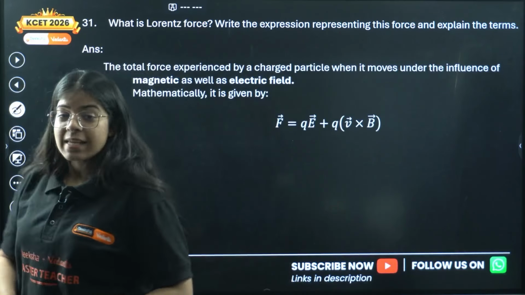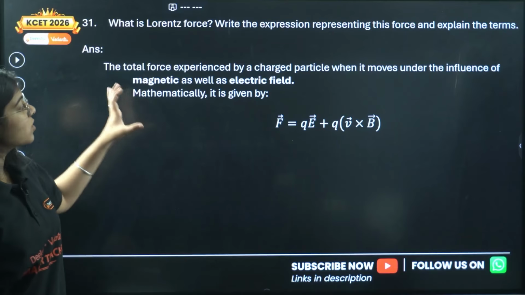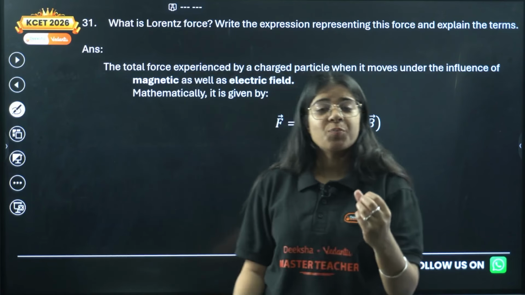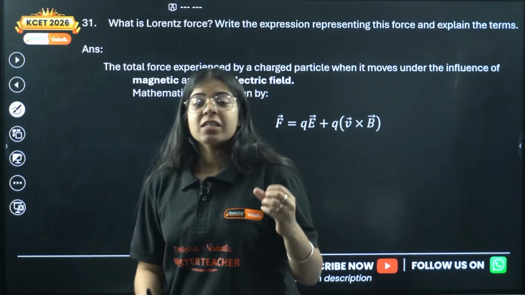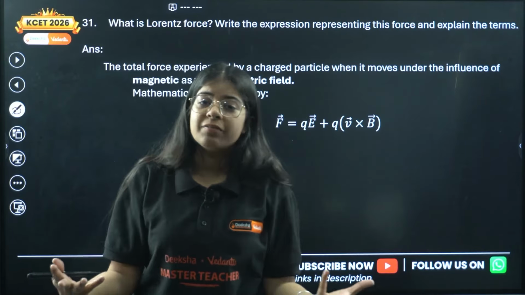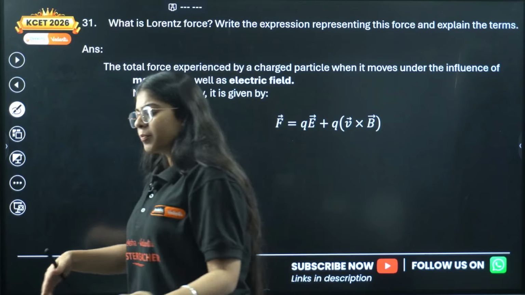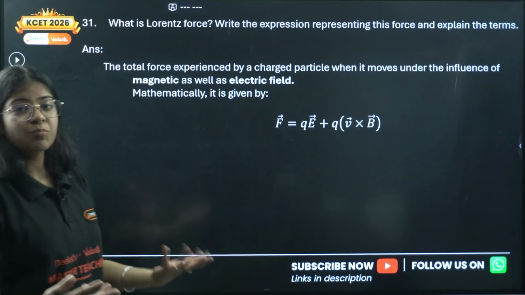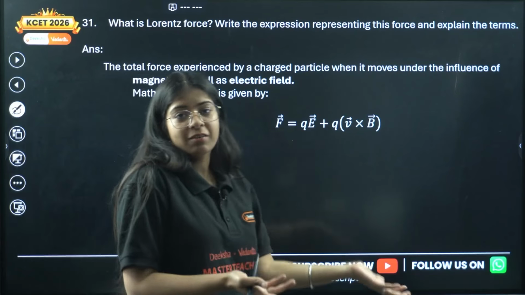Lorentz force is the total force experienced by a charged particle. There is a charged particle placed inside a magnetic field, and there is also an electric field. Although we do know that because of a magnetic field charges move, current is produced, and if current is produced, electric field is produced.